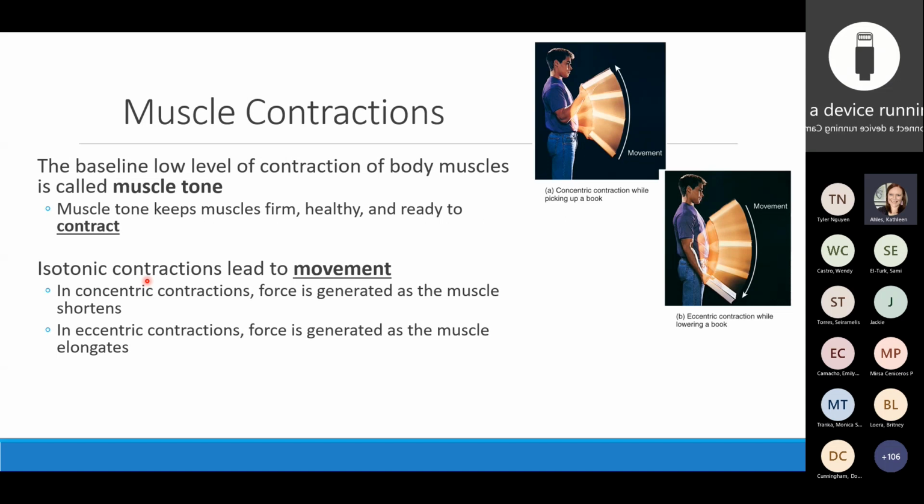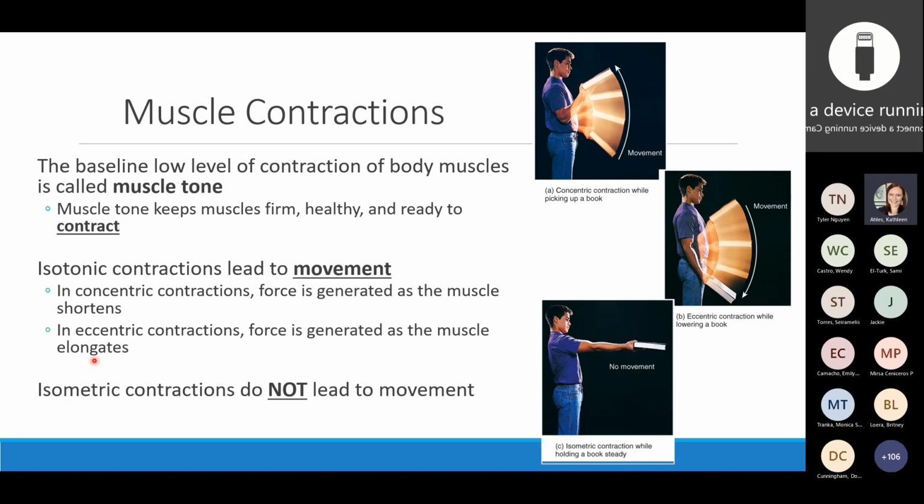So important idea here. Anytime you see isotonic, we're doing some kind of movement. If that movement makes a muscle smaller, it's a concentric movement. If that movement makes a muscle longer, it's an eccentric movement.